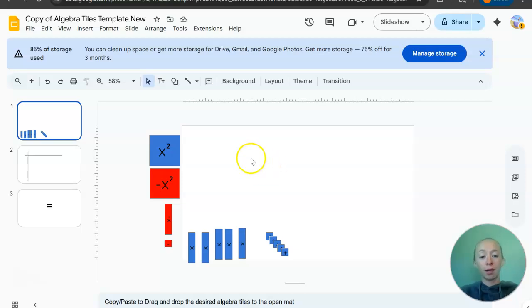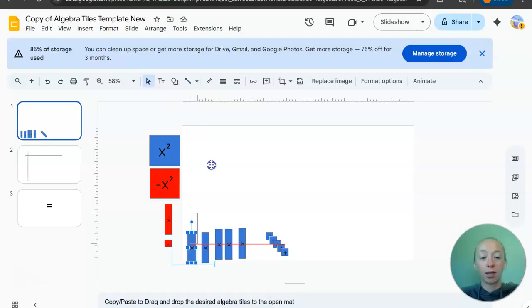So how do we solve a problem like this? Well, when we have 2 parentheses x plus 4, we basically are just saying that we have 2 x plus 4s. So we use the algebra tile x here, and then we're adding 4 more.